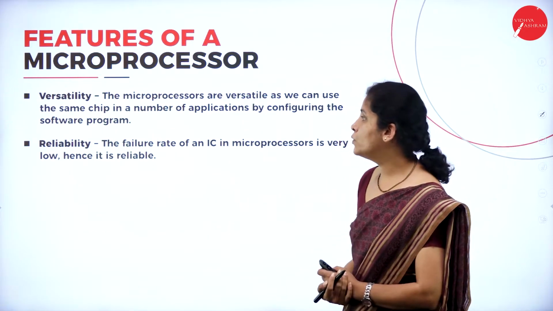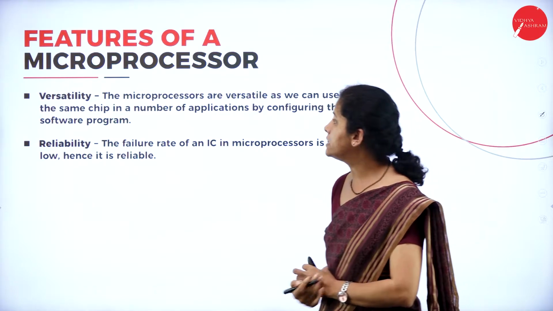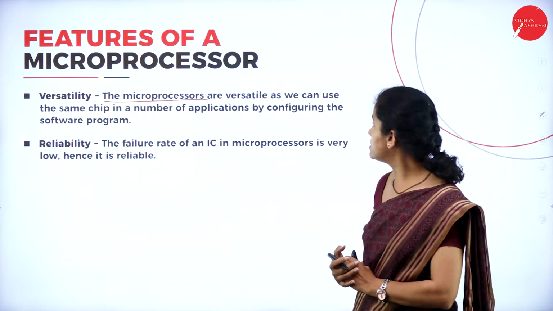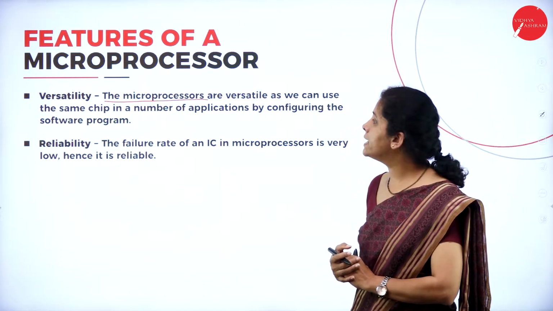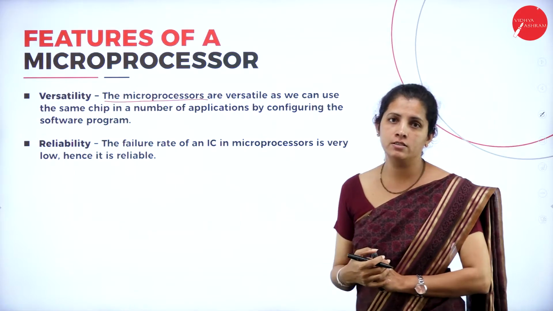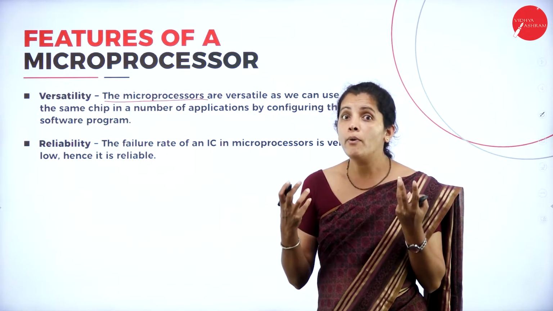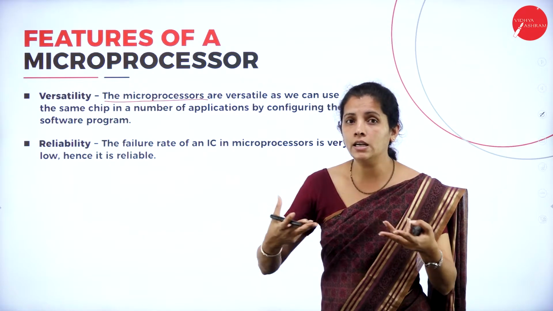Along with that, I'm going to have versatility. So what is this versatility? Microprocessors are versatile as we can use the same chip in a number of applications. Versatile means capable of performing more tasks or different tasks.